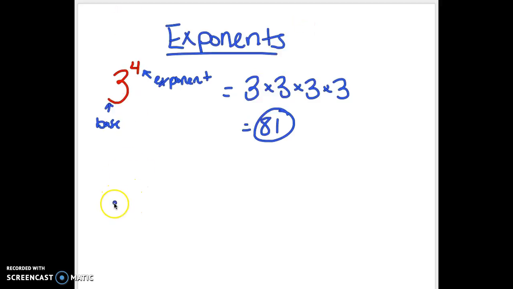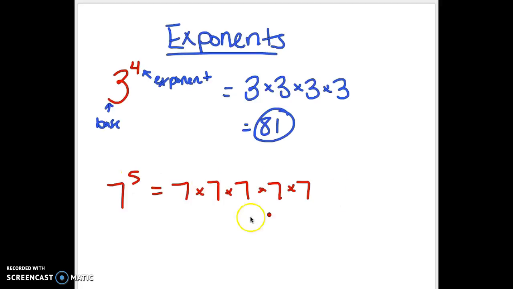Okay? Let's say we had 7 to the 5th power. If you were to write this out as a string of multiplication, you would have 7 times 7 times 7 times 7 times 7. Notice it's repeated multiplication, and you're taking your base, which in this case was 7, and you're multiplying it out 5 times.